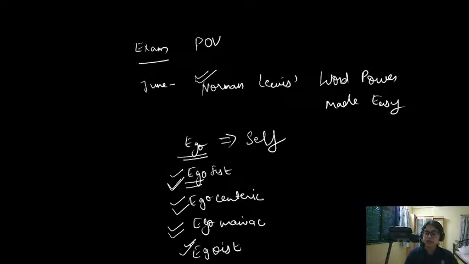Okay, egoist is also very similar. Egocentric, जो अपने आप को बीच में रखता है, ठीक है, जिसको लगता है पूरी दुनिया मेरे आसपास घूमती है या मेरे अराउंड घूमती है.